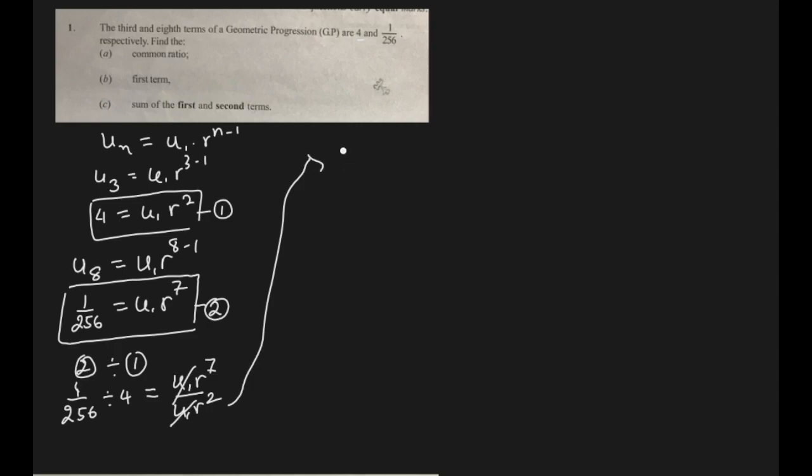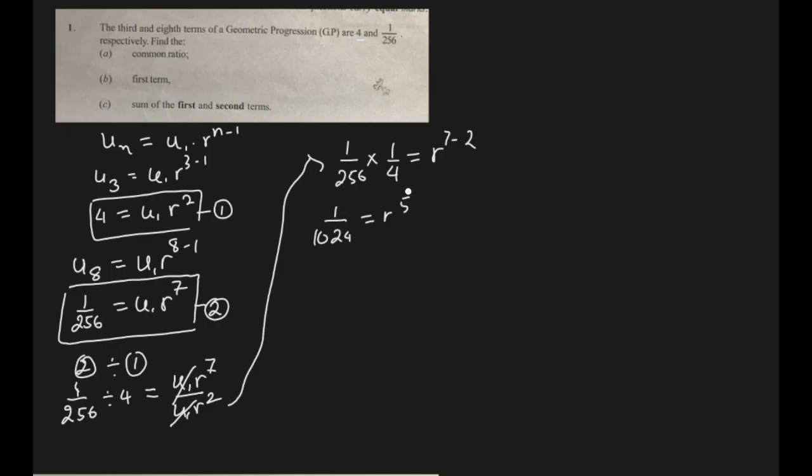Let's complete here. 1 over 256 multiplied by, the division becomes multiplication, so the number after that gets reciprocated, equals r to the power 7 minus 2. Because their bases are the same, the exponents subtract. It will be 1 over 1024 on the left side and r to the power 5.